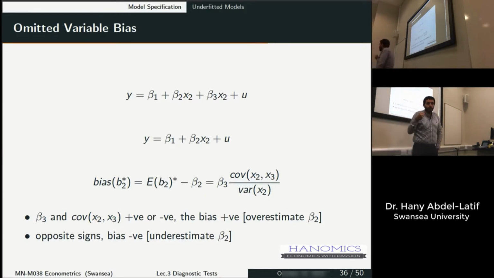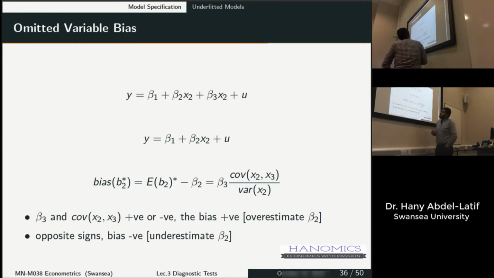Do you remember, do you want the estimation to be biased? What do you want about the estimation? Unbiased. So what do we mean by unbiased? Unbiased means that the expected value of B2 should equal beta 2.